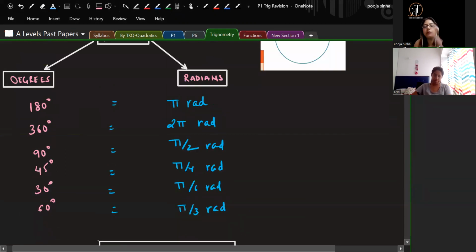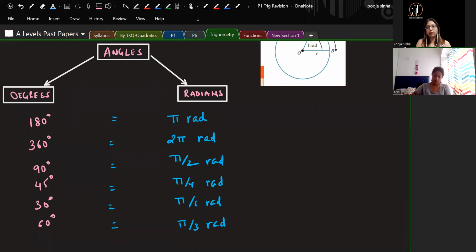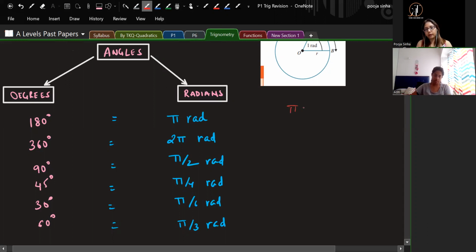Now, if you have understood this much, let's do the unitary method. You now know that pi radian is equal to 180 degrees. So how much is 1 radian? If pi radian is 180, then 1 radian will be 180 upon pi.